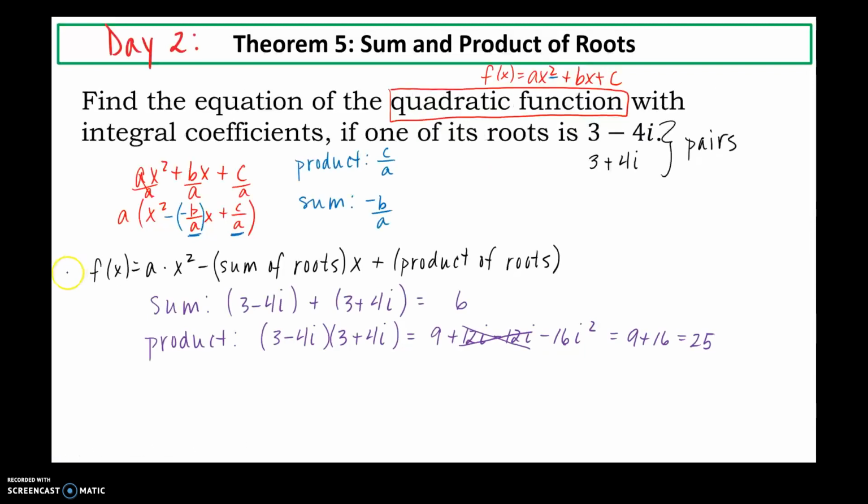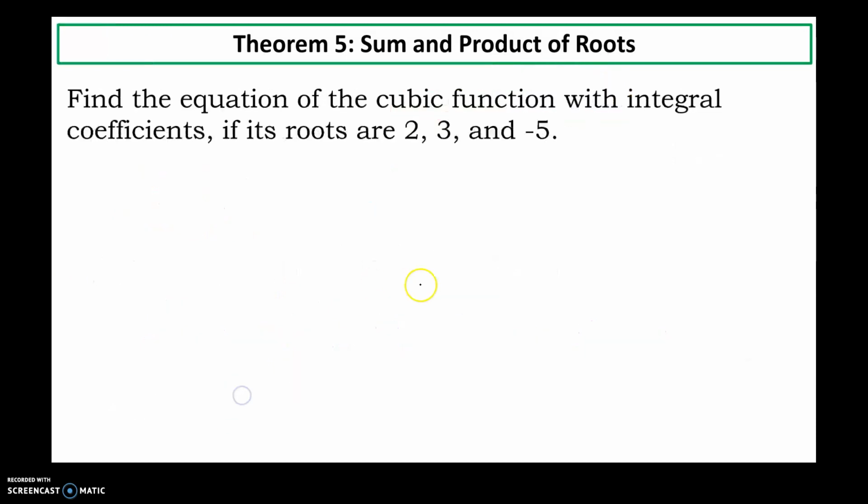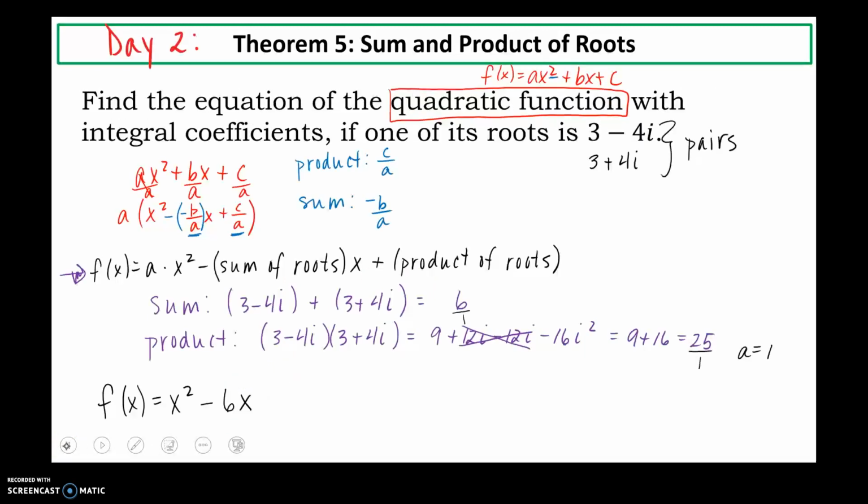So now putting this back together, remember what the original was, right? Find an equation of the quadratic function. So both of these, if I think about dividing them, they would be divided by 1. So that tells me a is equal to 1. So my quadratic function is x squared minus the sum of the roots, so minus 6x plus the product of the roots, so plus 25.